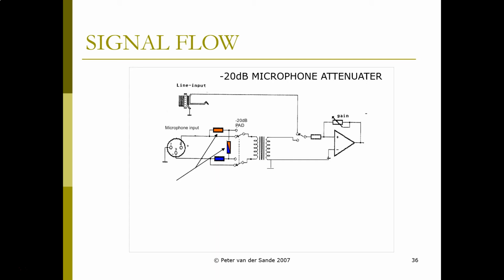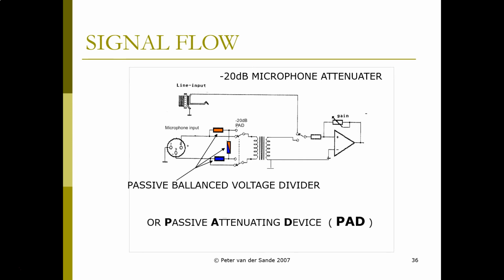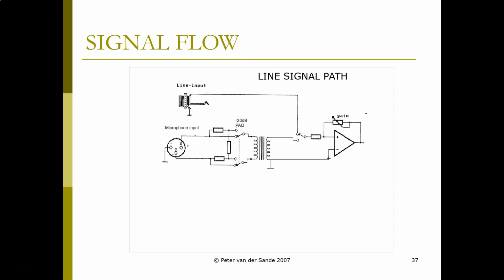The ratio between these three resistors create a passive balanced voltage divider, or pad, which is our 20 decibel pad. And again, because components add noise, we're only going to use the 20 dB pad if we cannot turn the gain down enough on the microphone input to get the nominal signal level that we're looking for.